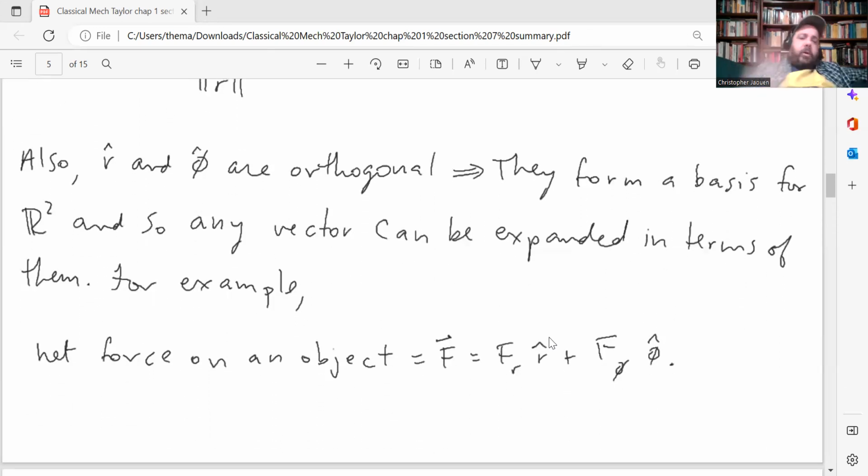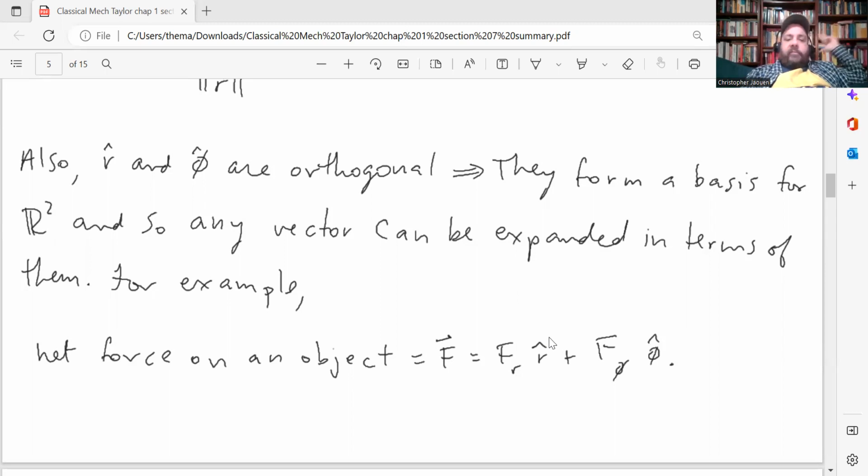All right, but like I said, r hat and phi hat are orthogonal, so we can use them as a basis for R squared, the Cartesian plane, or the polar plane. And so any vector can be expanded in terms of them. For example, we want to be able to expand the net force on an object, F, and we can do that because r hat and phi hat are orthogonal and linearly independent.